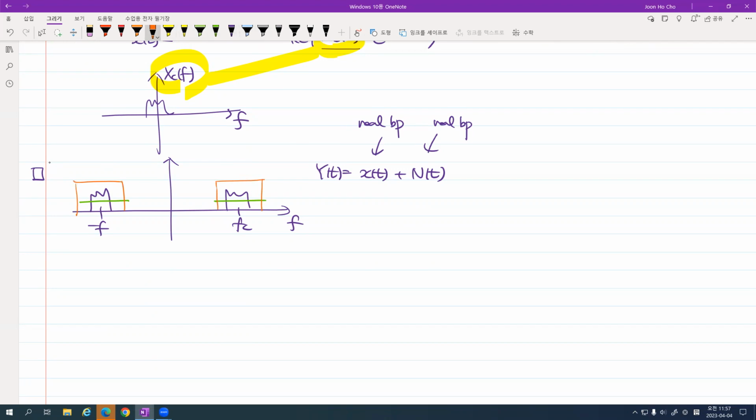Got it? So we can assume this noise is also a real bandpass noise signal, now with uncertainty. What do we do with a signal with uncertainty? One approach, which we learn in this course, is to model it as a random process. So this is a real valued bandpass random process.